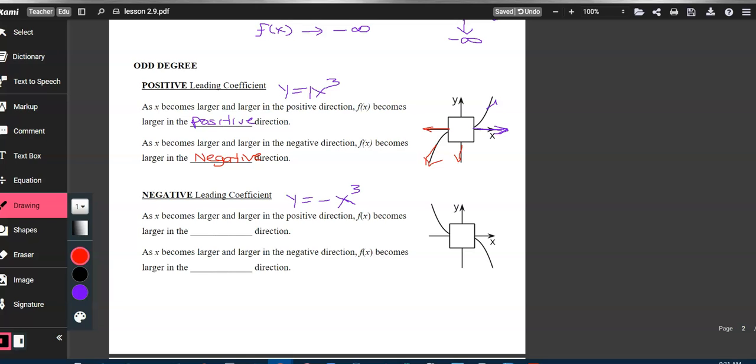And finally, as x becomes larger in the positive direction, so as x is coming this way, notice what's happening to the graph. The graph is going to go more negative. It's going to get larger in the negative direction.